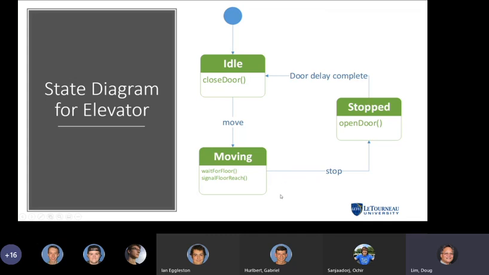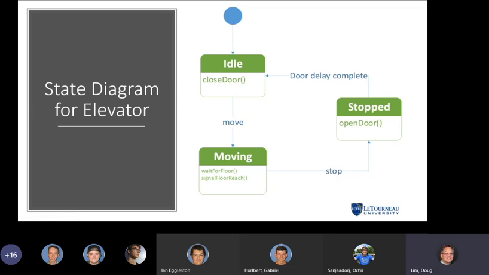So certainly, and actually that might be the controller. That might be the elevator controller. So this signal floor reach should not be produced in the state of moving, but should be received from the elevator controller in the form of the stop.